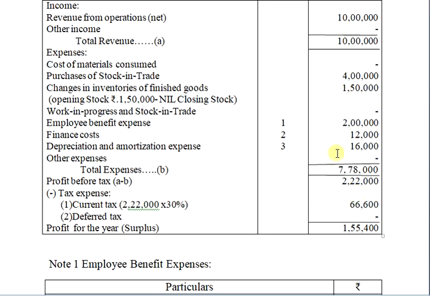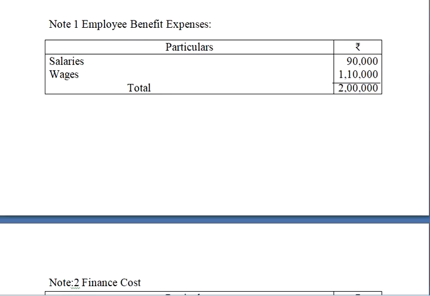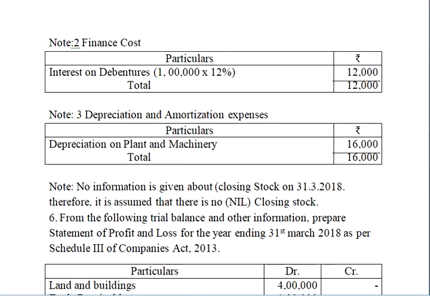Less tax expense, current tax, 2,22,000 into 30%, how much will you get here? 66,600. Deferred tax, is any deferred tax there? Here it is nil. Profit for the year, that is surplus, how much will you get? 1,55,400.